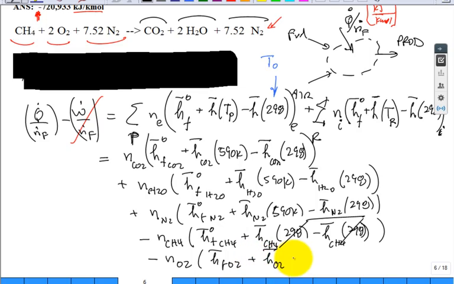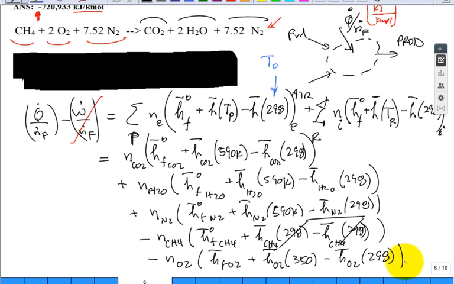What temperature does it come in at? 350 Kelvin minus the enthalpy of the oxygen at the reference 298. That's why a lot of times we like to bring the fuel and all the air in at the standard condition. Otherwise we have a temperature at which it's coming in different than 298, a temperature at which it's going out different than 298, etc.